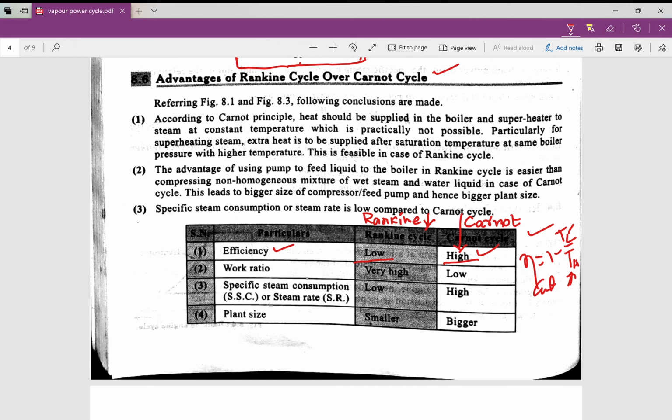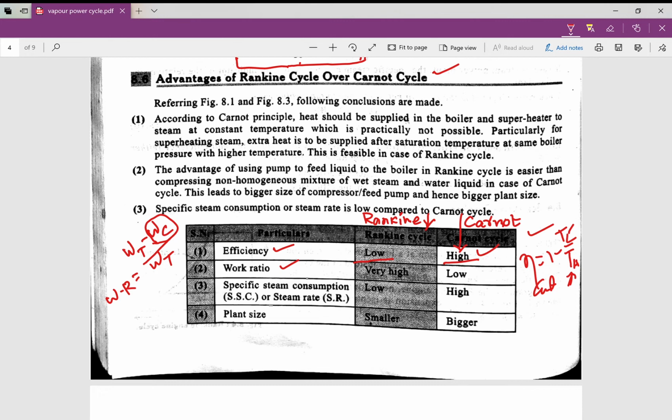Now dear students, the work ratio. I told you the work ratio is your net work, that is turbine work minus compressor work, divided by turbine work. This compressor work is more in the case of the Carnot cycle because that pump has to handle a non-homogeneous mixture of water and steam.